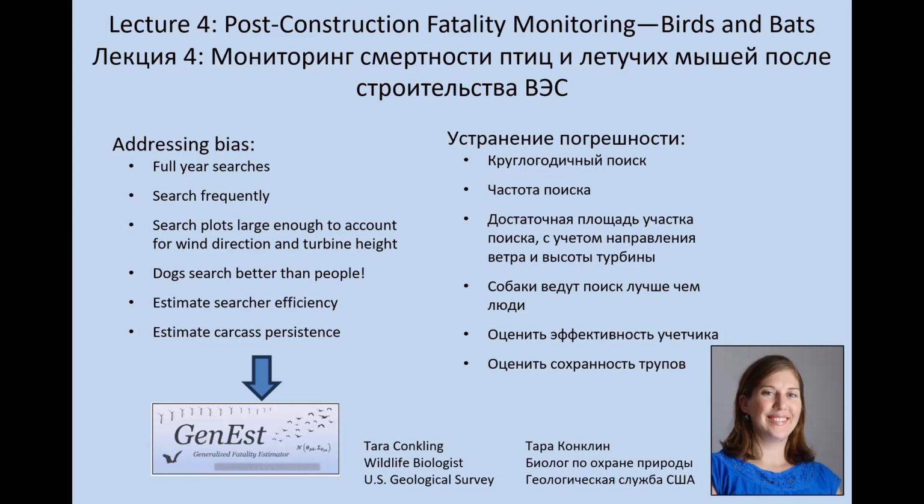The second thing to do is to use GenEst or a similar software package to statistically estimate many of these rates, your searcher efficiency, your carcass persistence, and all of these other factors that can influence your understanding of fatality rates.